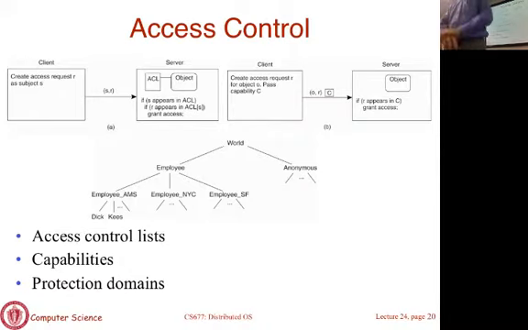These are the things it can do. When it tries to perform an operation, it presents a capability to the system saying, look, I have the right to do this. Then you check whether this entity has the right to do this or not, and then you let them do it. So there are two different ways of achieving the same thing.